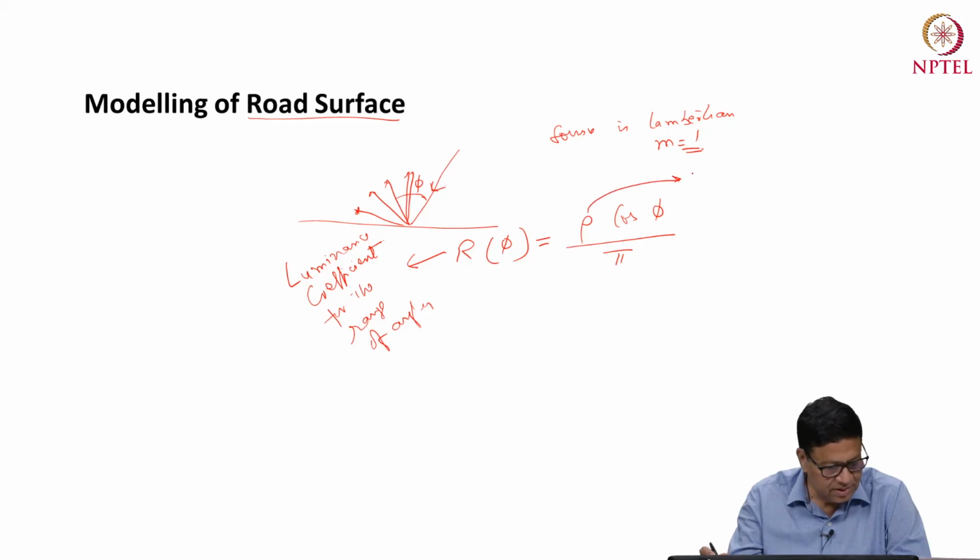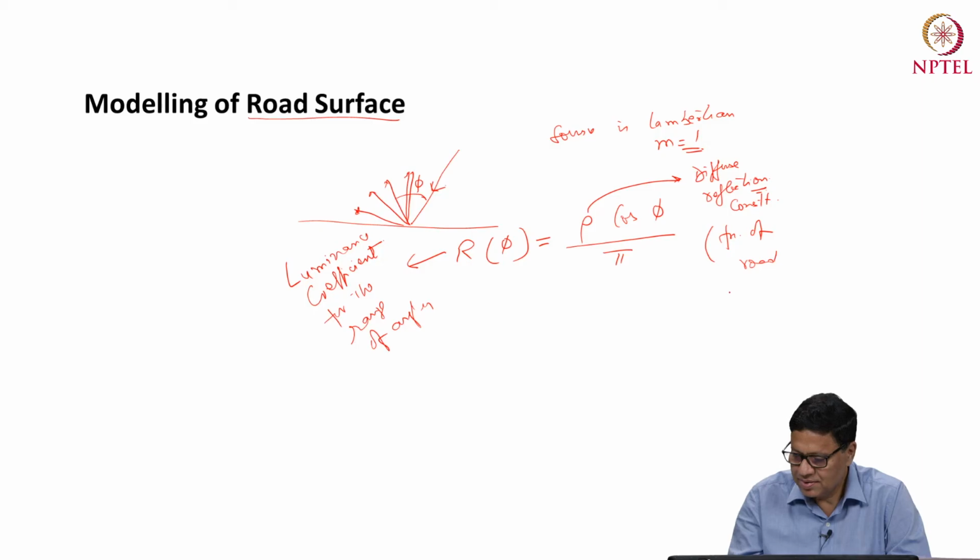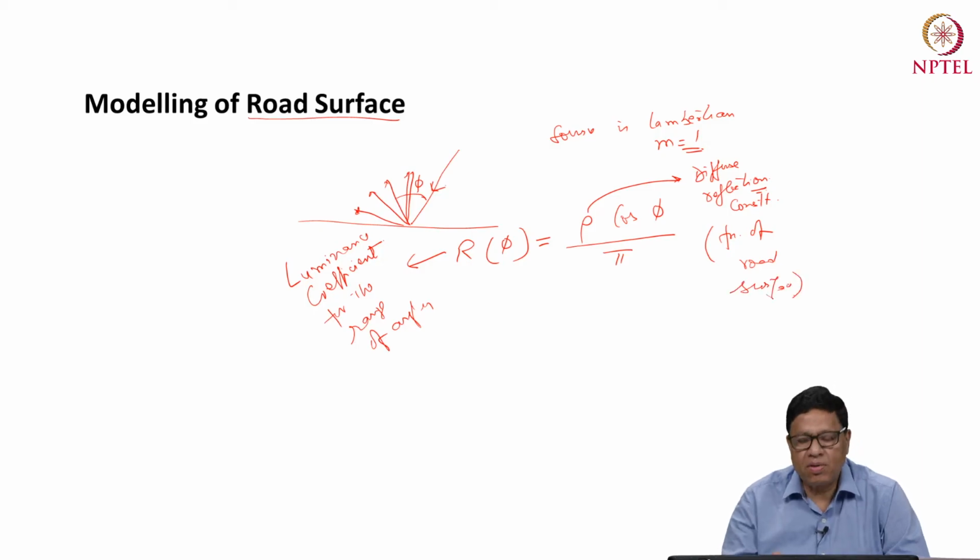Here rho is the diffuse reflection constant, which is actually a function of road surface. So this is how, broadly, a road surface can be modeled.